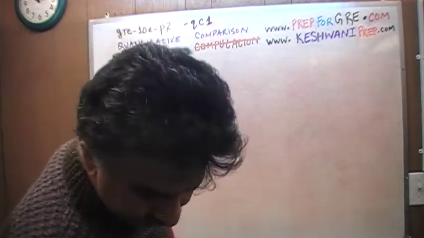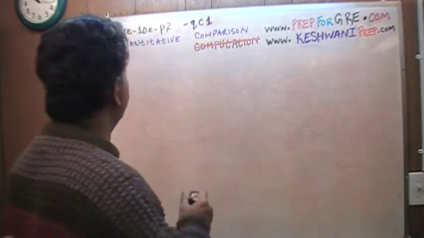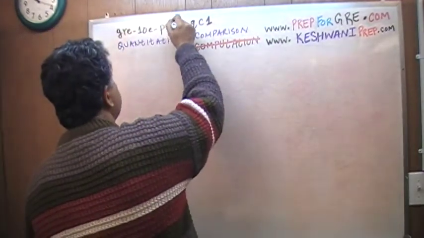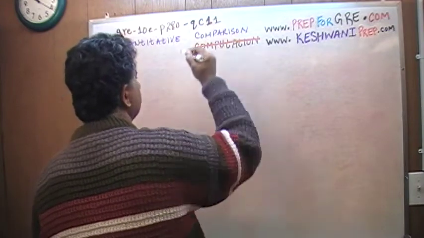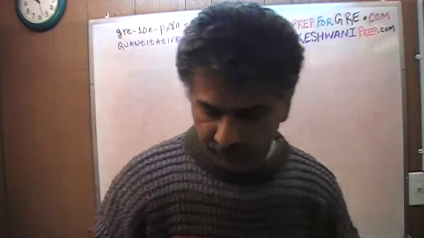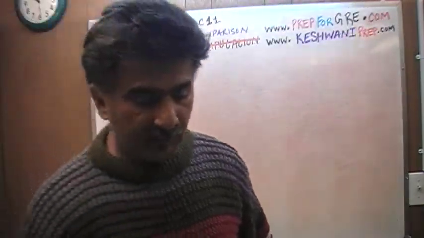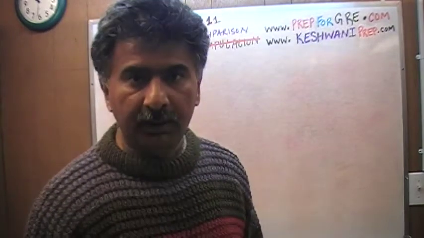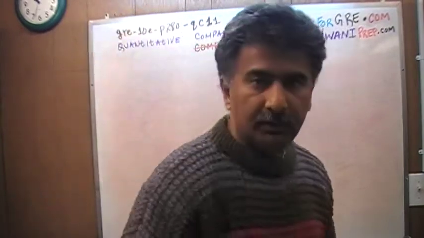Page 280, the very first problem on the page, number 11. As I keep reminding you over and over again, this is the old-fashioned paper and pencil exam format where the questions used to be arranged in the order of difficulty. Not anymore, not in the computer adaptive exam that you're going to take.